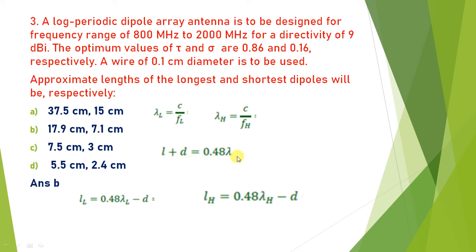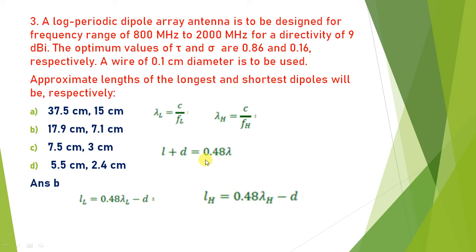This is the equation for finding the length of the dipole. L plus D is equal to 0.48 lambda, where L is the length and D is the diameter. Now we have to find L, which is of two types: the smallest dipole length and the highest dipole length. So LL is equal to 0.48 lambda L minus D. Put the value of lambda L, and D is the diameter, which is 0.1 centimeter, given to you.